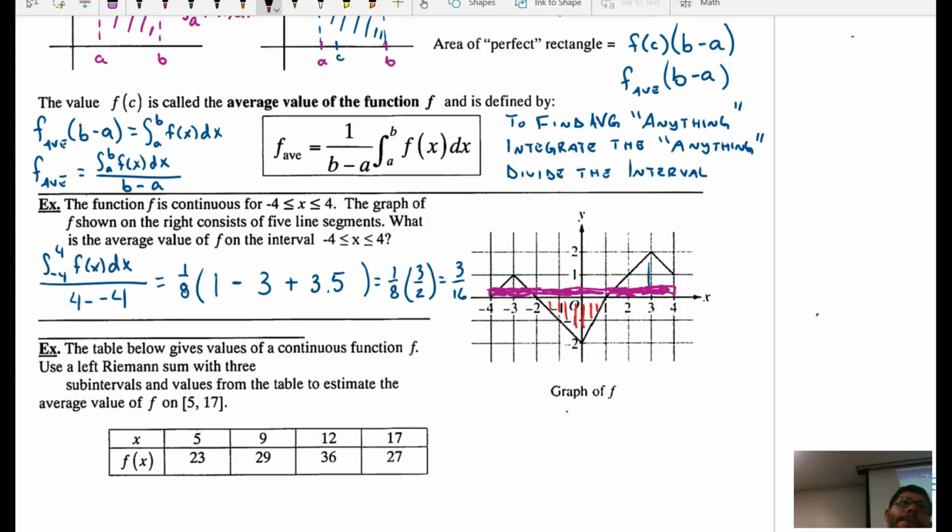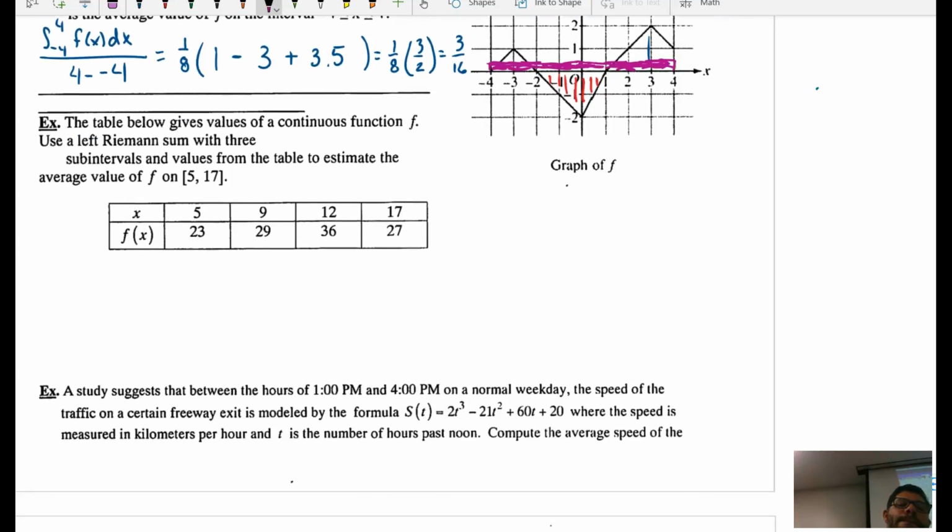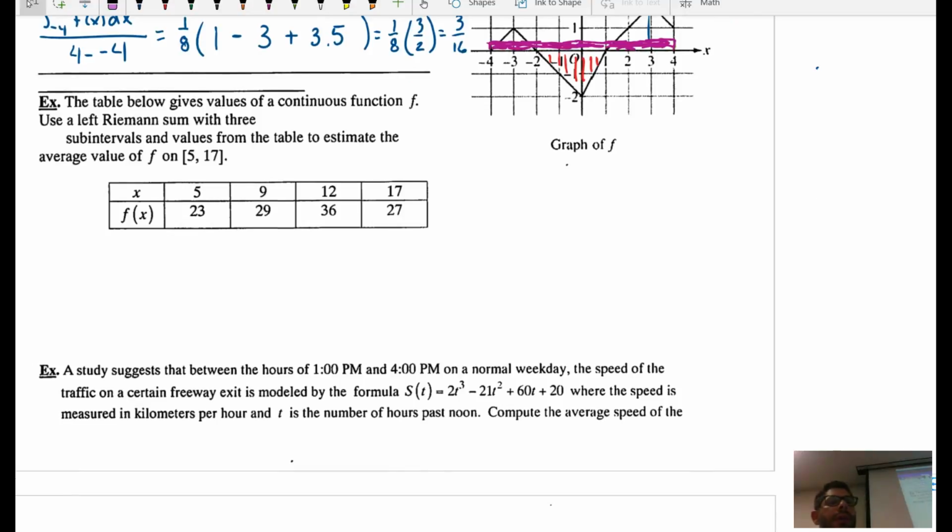Okay, so another function, this one also says find average value. Also with average value, sometimes what people forget to do is divide by the interval, and they don't make sense of their answer after the fact. If this is supposed to be the average value, it should represent all the values.